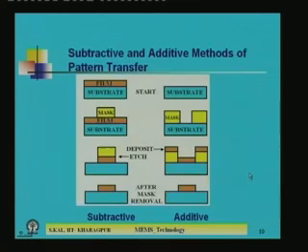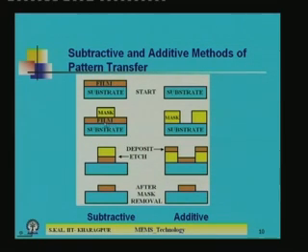So, let us see in a picture what is the difference between normal photolithography and the lift off technique photolithography. Normal photolithography is known as the subtractive method, and the lift off technique is known as the additive method of pattern transfer. Subtractive method means what I discussed in the earlier view graph: film on substrate, then this is the mask.